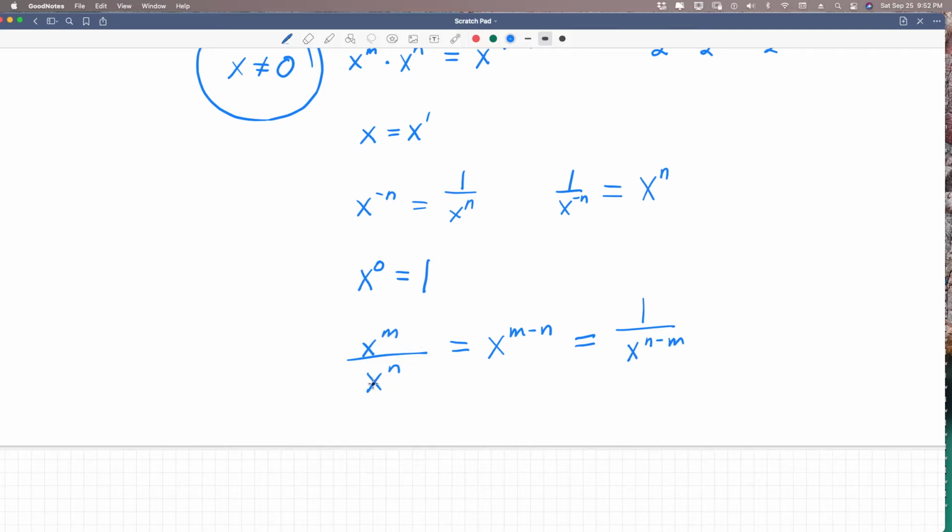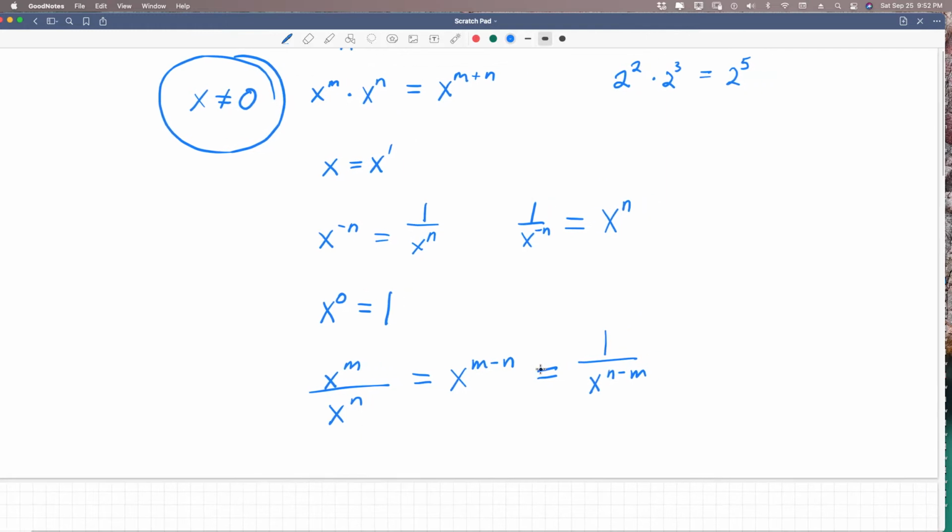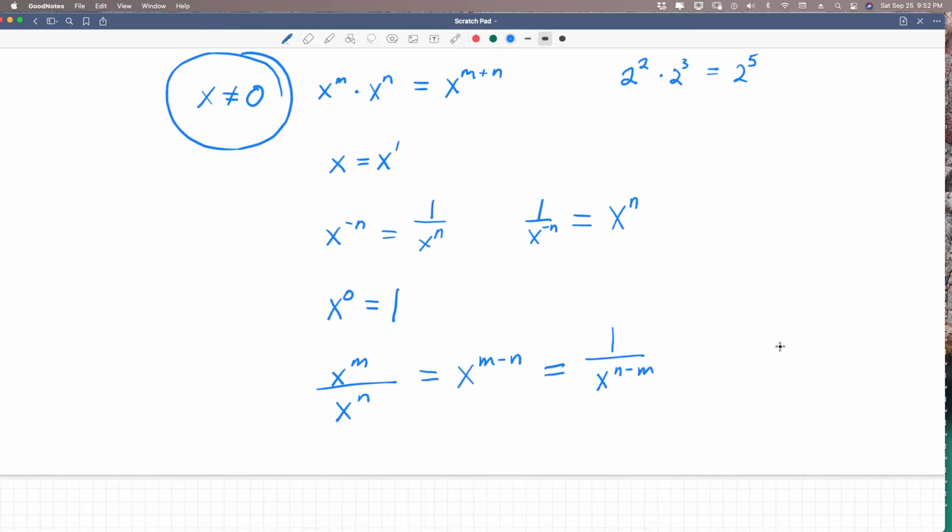So you can do this in one step. Let me show you an example of that. If you have x squared over x to the 4th, you could easily say x to the 2 minus 4, or you could also say 1 over x to the 4 minus 2.